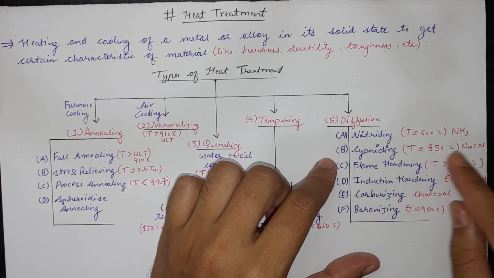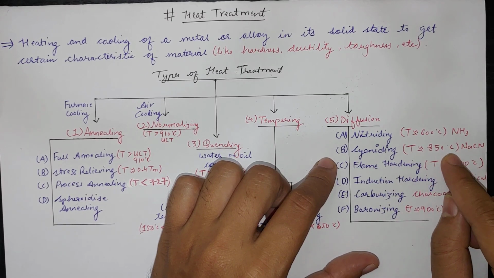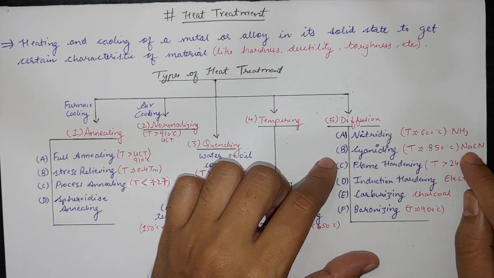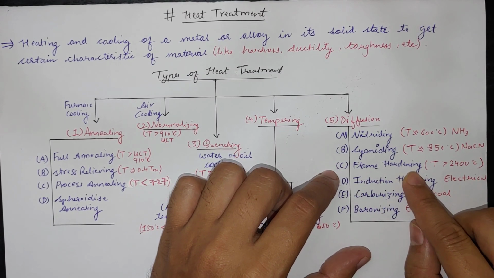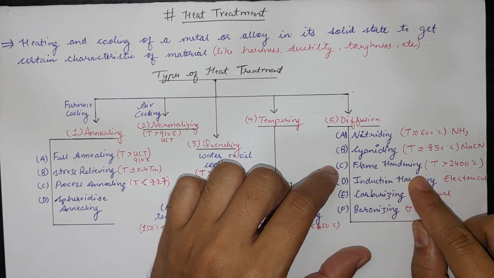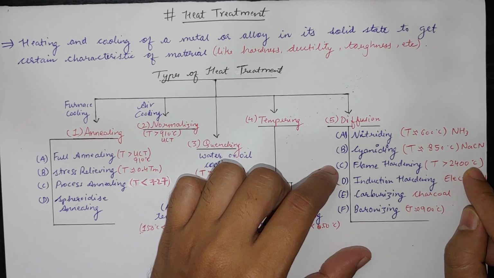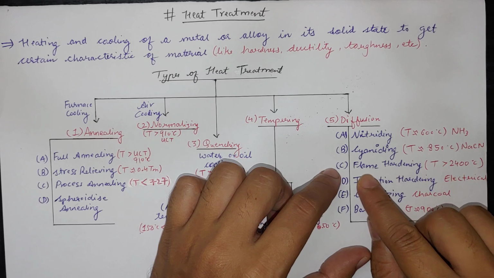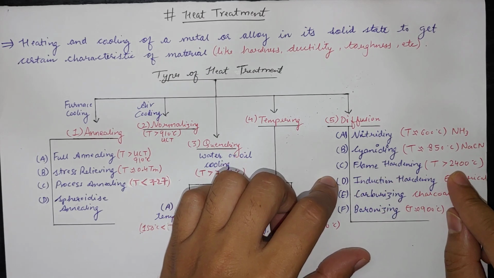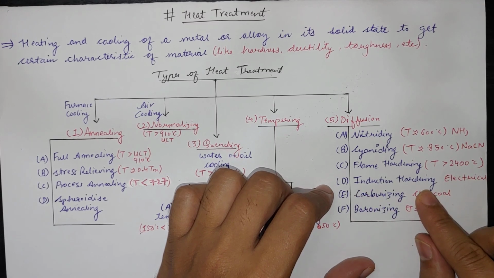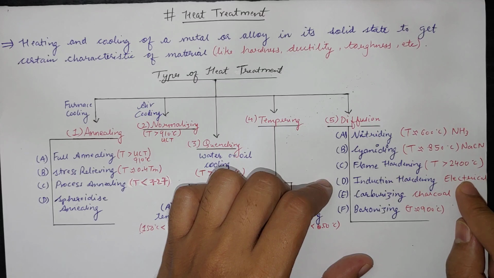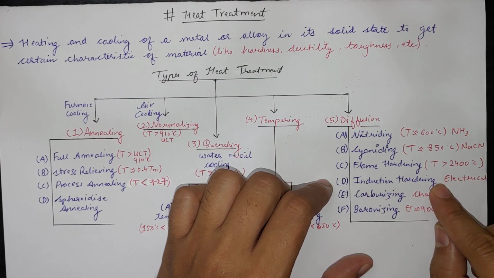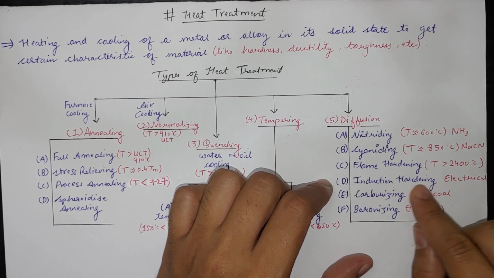In cyaniding, we heat at about 850 degrees Celsius in a molten salt of NaCN. In flame hardening, we just heat the material with a high temperature flame at about 2400 degrees Celsius and above, and we suddenly quench it so that hardness is introduced inside the surface. In induction hardening also, we heat the material with an electrical coil, and due to eddy currents inside the material, there will be heat generation inside the material.